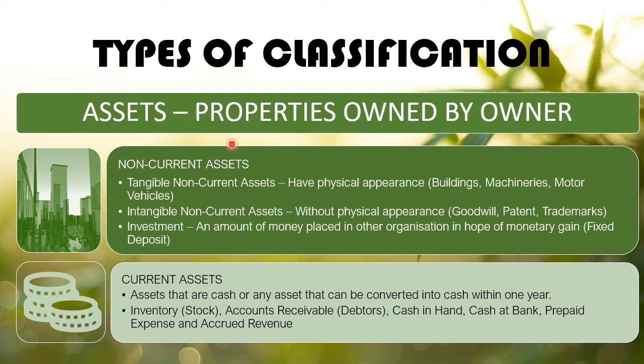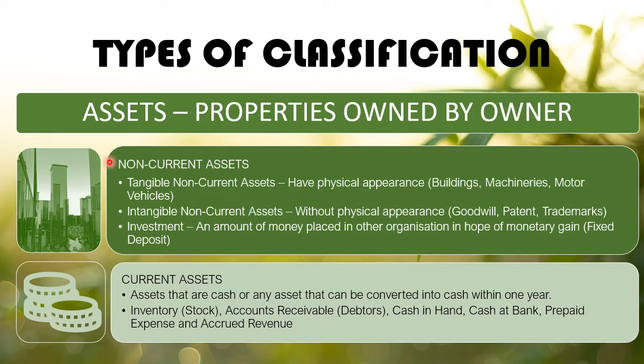Non-current assets refer to all items that have a life of more than 1 year, meaning that we can use those items for more than 1 year. For example, building, cars, office equipment, things that we can use for the purpose of generating sales for more than 1 year.